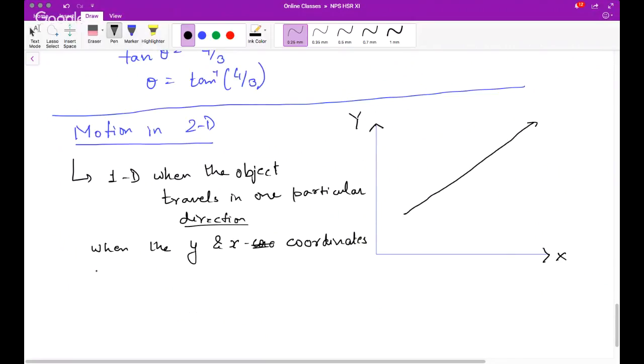When the y and x coordinates of the object vary linearly, then we say that the body is undergoing 1D motion. Okay, very linear. So basically, if you find out the x and y coordinates, they will form a line. So then we say that the body is undergoing 1D motion, right?